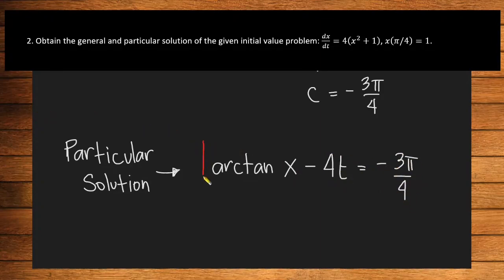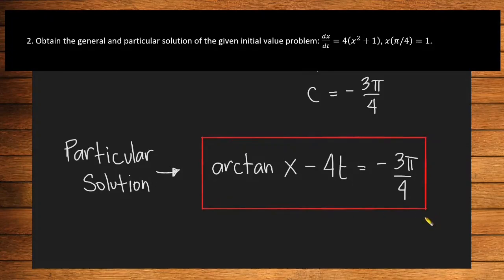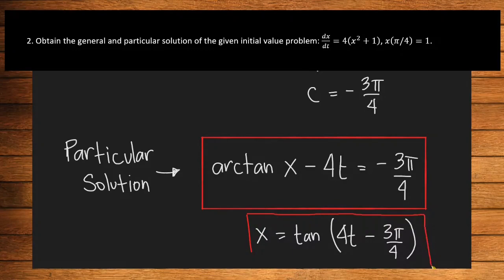Again, particular solution free of any arbitrary constants. So wala na tayong constant dapat na makikita dito. Okay, so we can also rewrite this particular solution as x equal to the tangent of 4t minus 3 pi over 4.